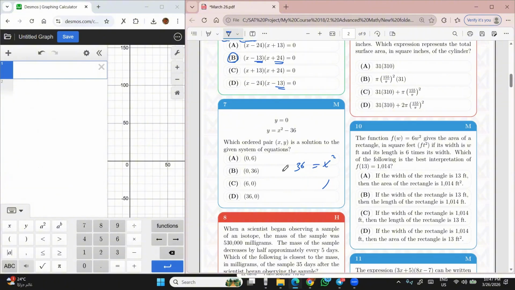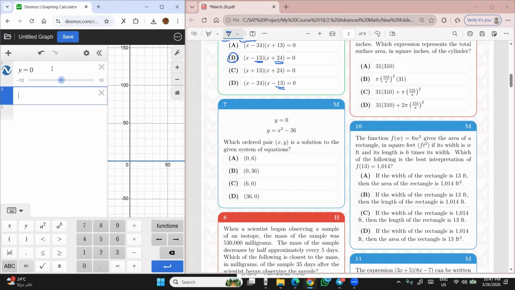You can also express this on Desmos by writing the two equations, if you have different hard numbers like the other numbers we don't have here. These are easy ones. So you just write y equals 0, and then the other one, y is equal to x squared minus 36.